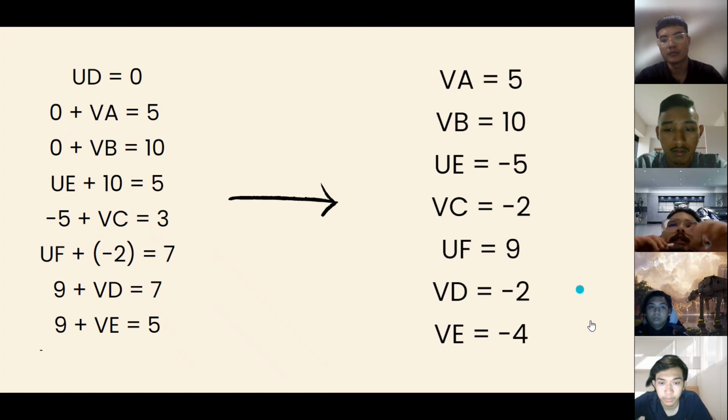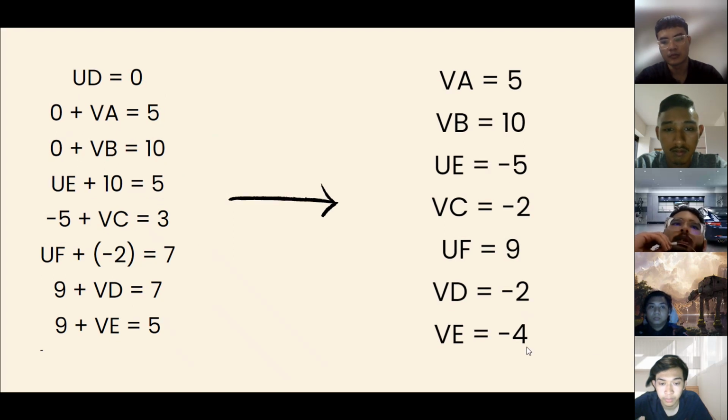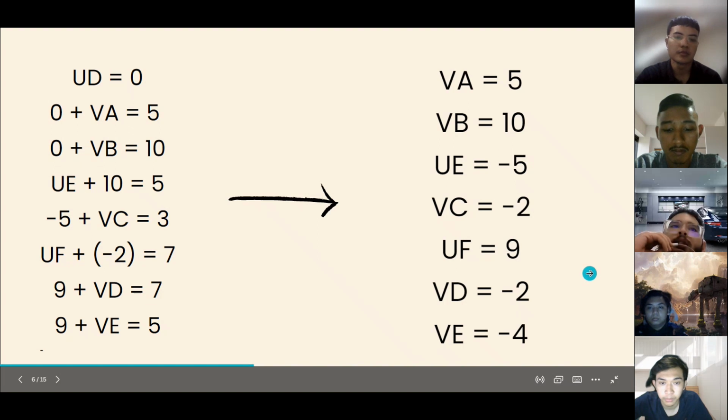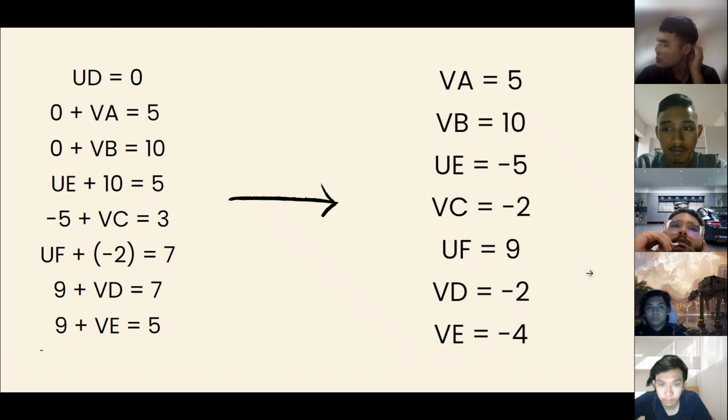So if we substitute UD as 0, we can find all the other answers by substitution. UD is 0 plus VA equals 5, so VA equals 5. Then 0 plus VB equals 10, so VB is 10. We have to find UE.